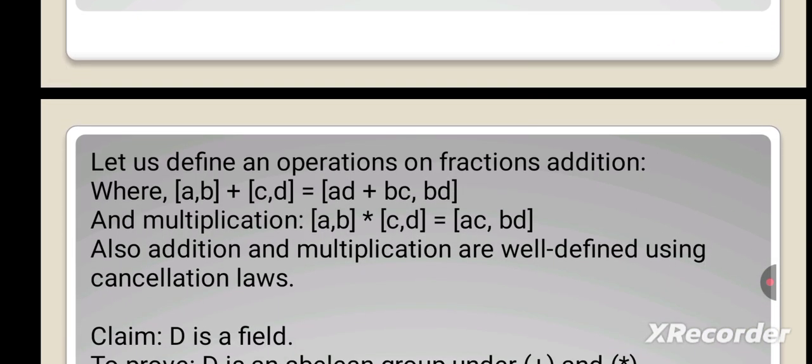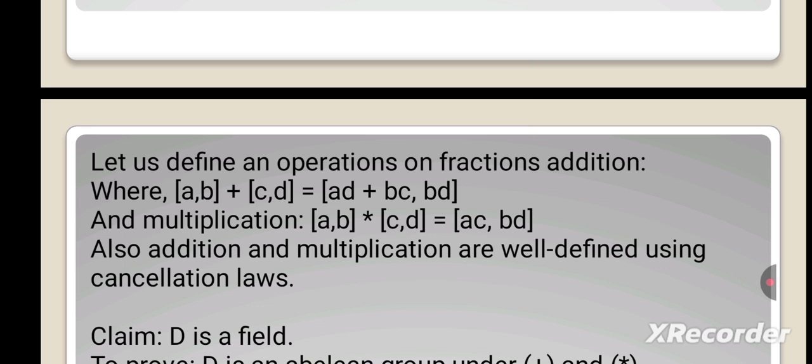Assuming that the relation satisfies the equivalence relation conditions, now let us define operations on fractions. For addition, (a, b) plus (c, d) is equal to (ad plus bc, bd), and for multiplication, (a, b) times (c, d) is equal to (ac, bd).